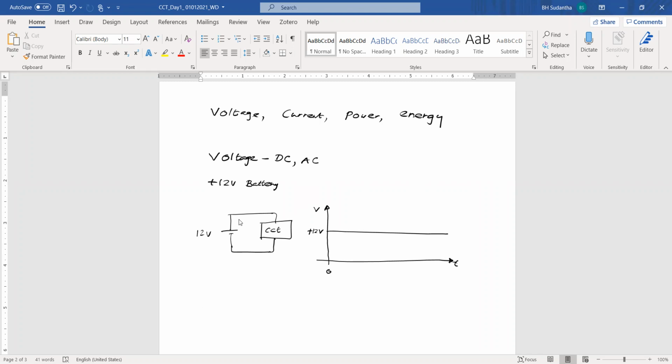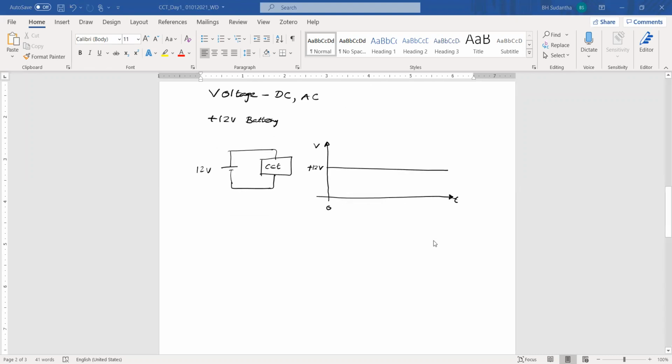Then is this battery a DC or AC? It's a DC.